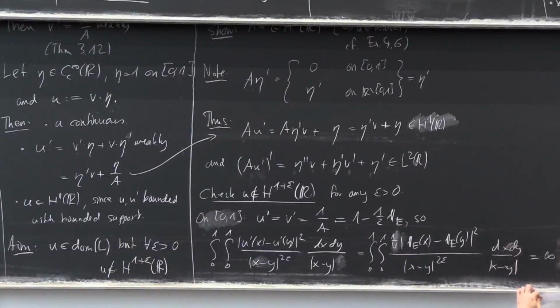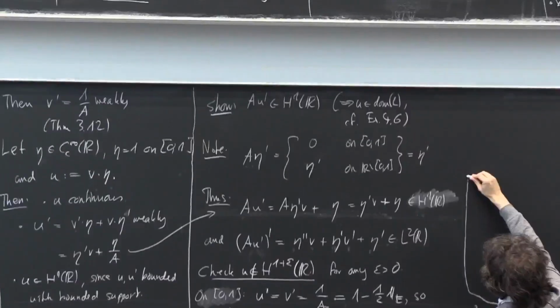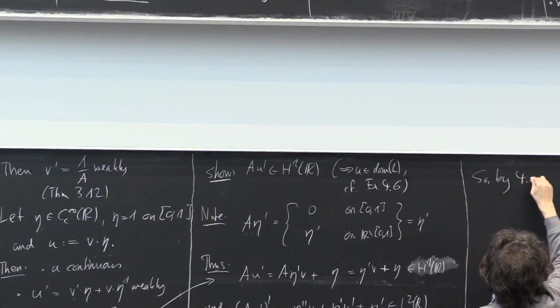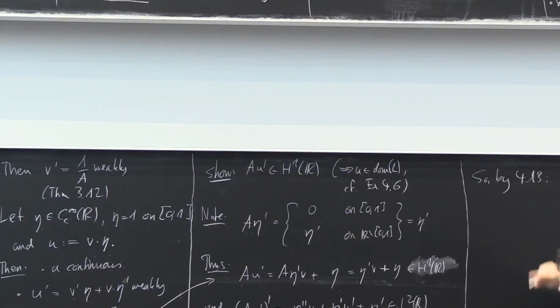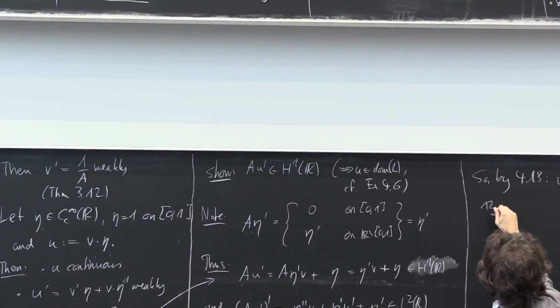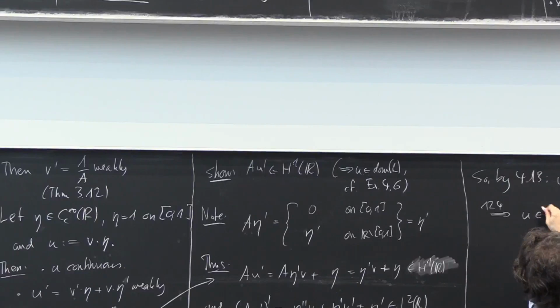Okay, and now invoking 4.13, recalled earlier, this means U prime is not in H epsilon of R. And then taking 12.4, the lifting property for the Sobolev spaces, this means that U is not in H1 plus epsilon.